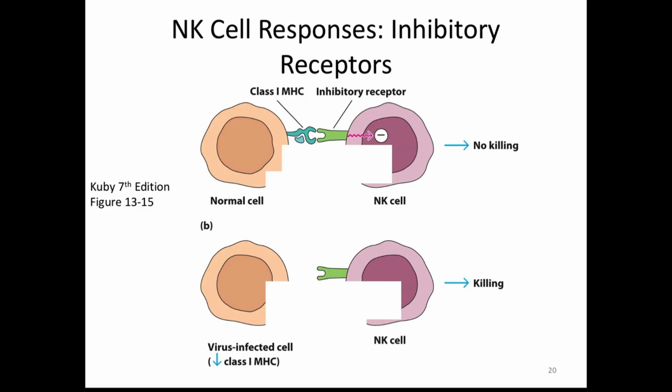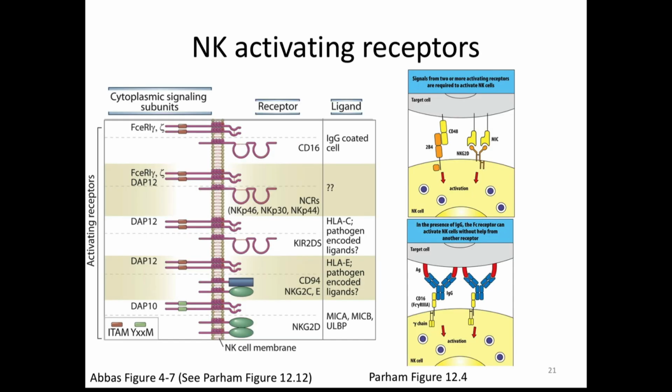That's because we do also have this other group of NK cell receptors, which are known as the NK activating receptors. So we also have to think about what's going on with the NK activating receptors. This is a somewhat old slide of NK activating receptors, but it gets the point across that I want to get across.